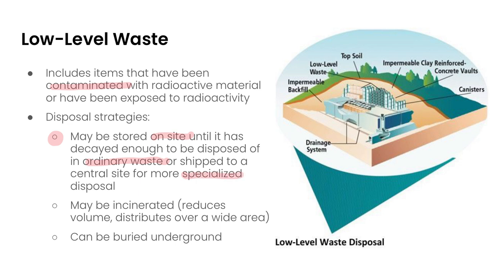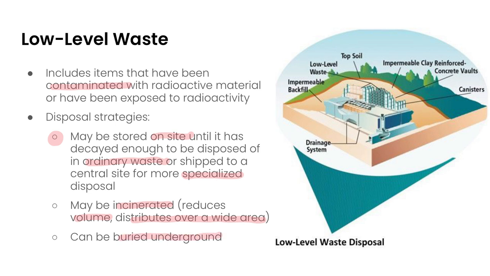They could also be incinerated. This is a dilute and disperse type strategy where you would have to check the ash for activity and then dispose of that appropriately. This will reduce the volume and also distribute it over a wider area. And then finally, it can be buried underground.